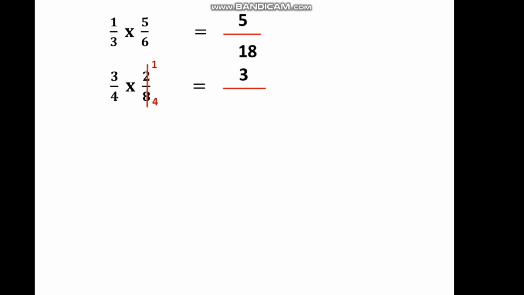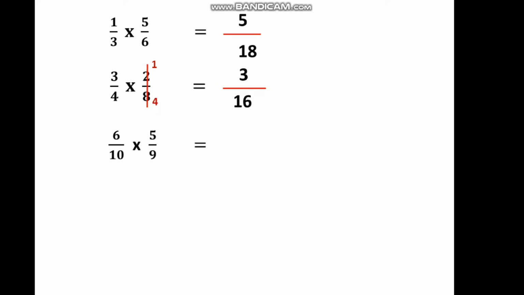And 4 times 4, that is equals to 16. Since proper fraction na po siya, at wala nang number na pwedeng i-divide sa kanilang dalawa na common, final answer. Next problem. You have 6 over 10 multiplied by 5 over 9.